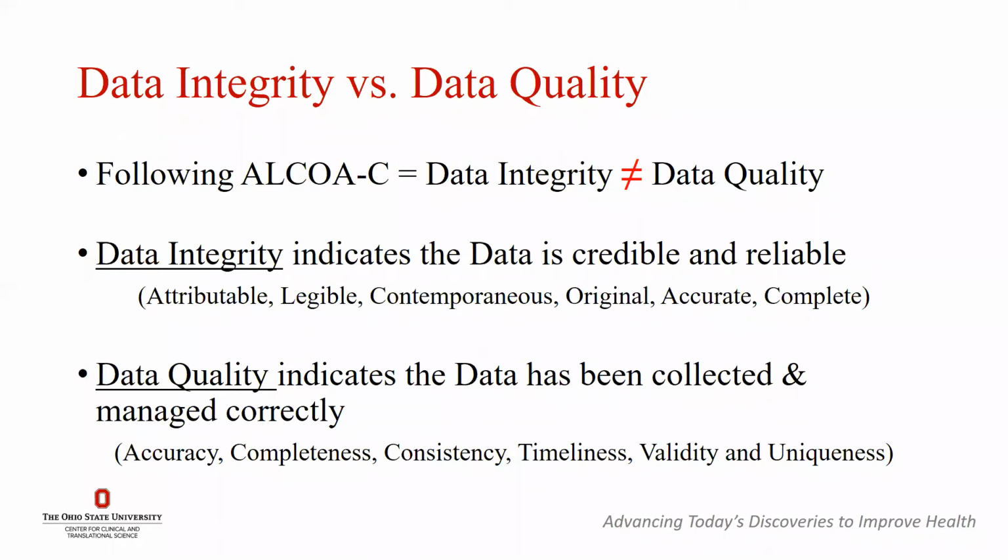Using ALCOA-C, we talked about attributable, legible, contemporaneous, original, accurate, and complete. Where data quality is an indication that the data has been collected and managed correctly. Some of the principles of data quality are accuracy, completeness, consistency, timeliness, validity, and uniqueness.